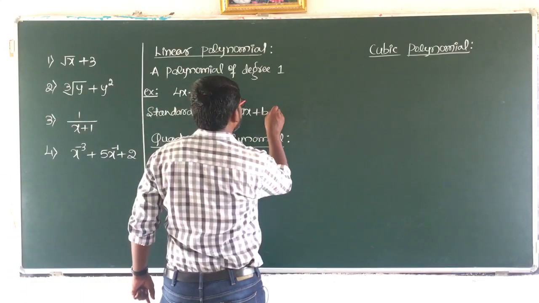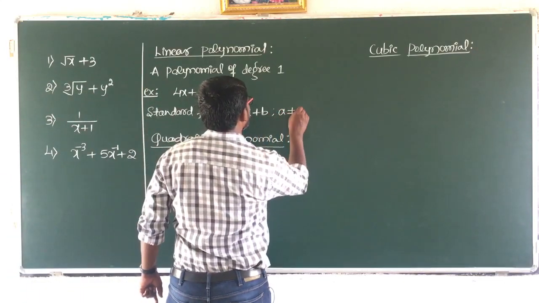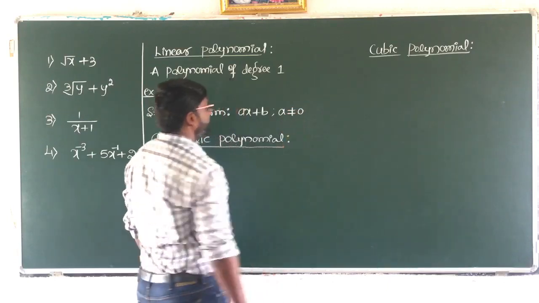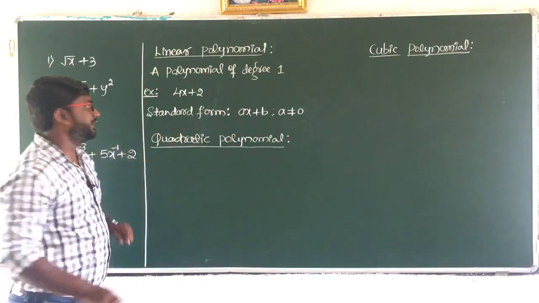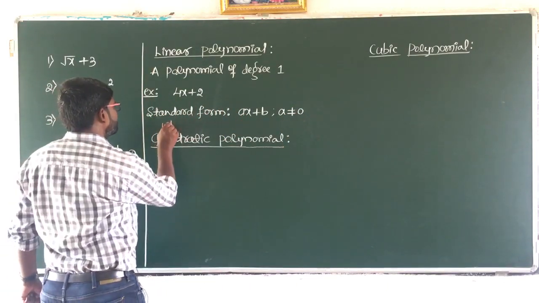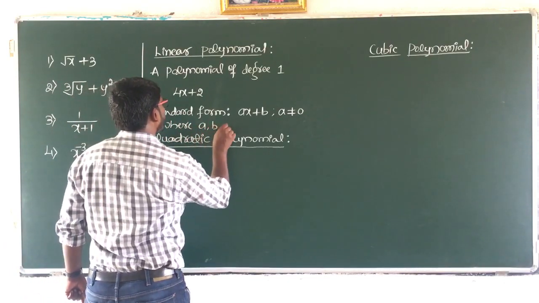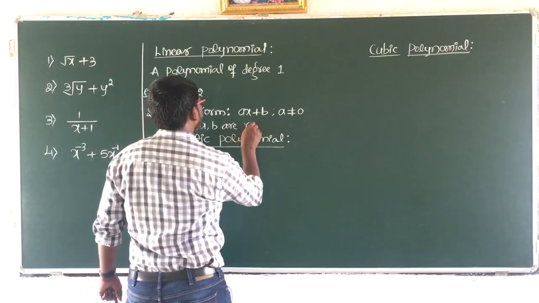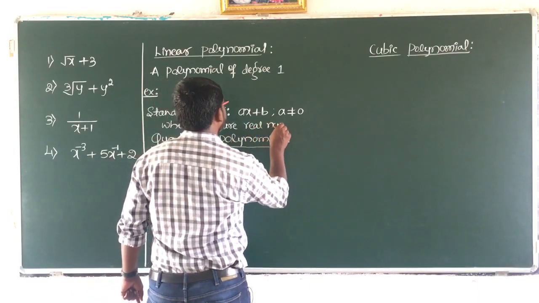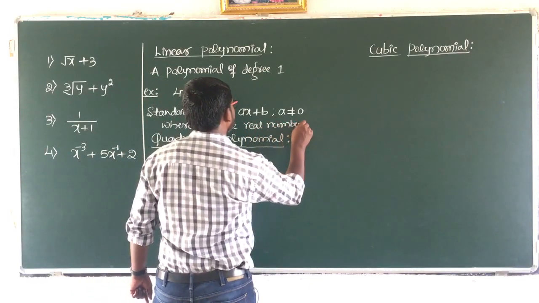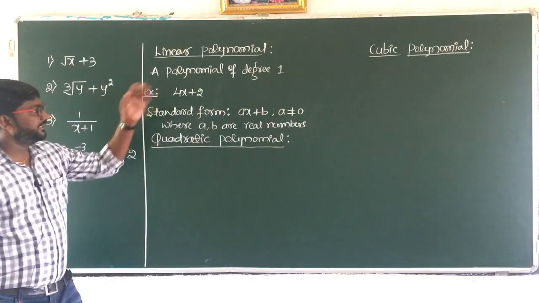Here a and b are real numbers. So this is all about the linear polynomial.